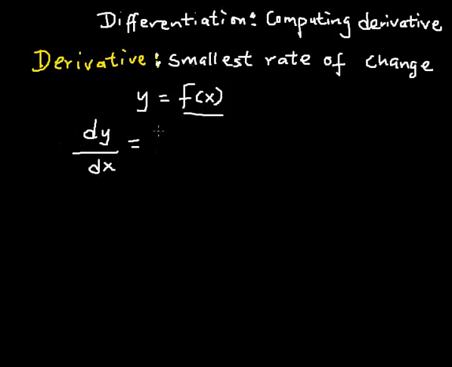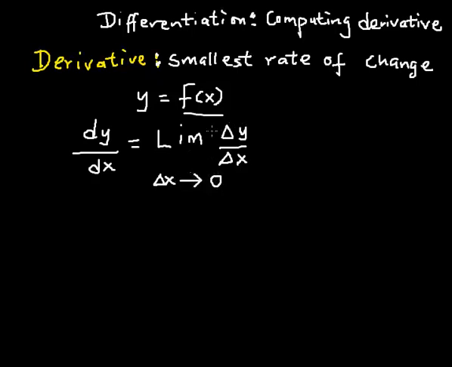In mathematics, anytime we want to describe the smallest aspect of any relationship, we use a limit. So dy/dx, the derivative of this function, is the limit of the change of y with respect to the change of x, as the change in x approaches 0.